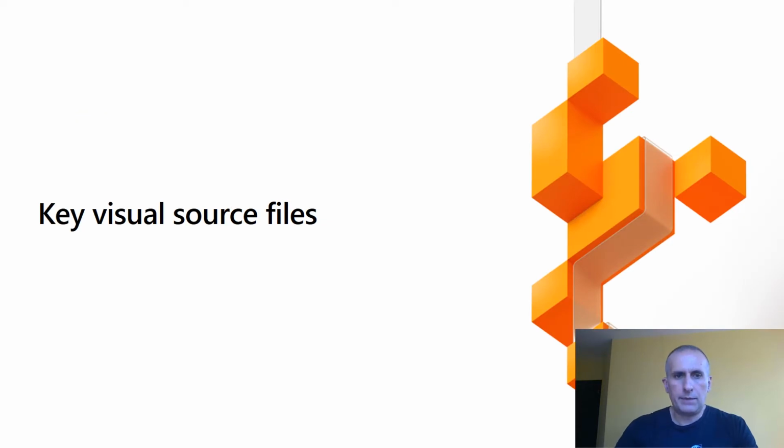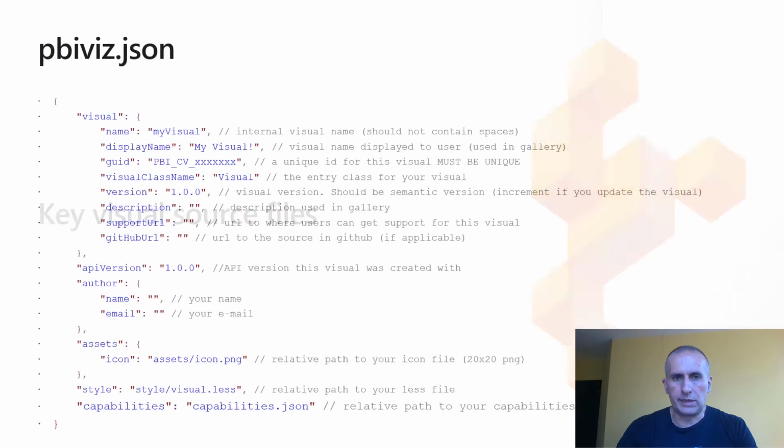Now we will have a deeper look at the key visual source files which we have in a Power BI custom visual project. Let's start with pbiviz.json, one of the most important files. This file is the main configuration file for your visual. It contains metadata as well as information about the files needed to build your visual.